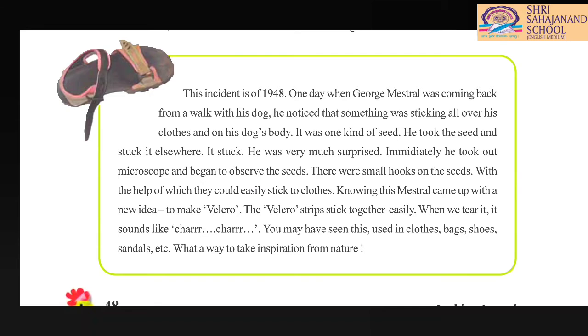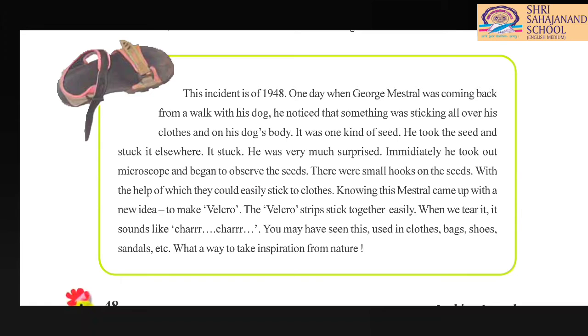One day when George Mestral was coming back from a walk with his dog, he noticed that something was sticking all over his clothes and on his dog's body. Okay, so what did George Mestral observe when they came back from the walk? They noticed there is something that is all over the clothes of George Mestral and also on the dog's body.